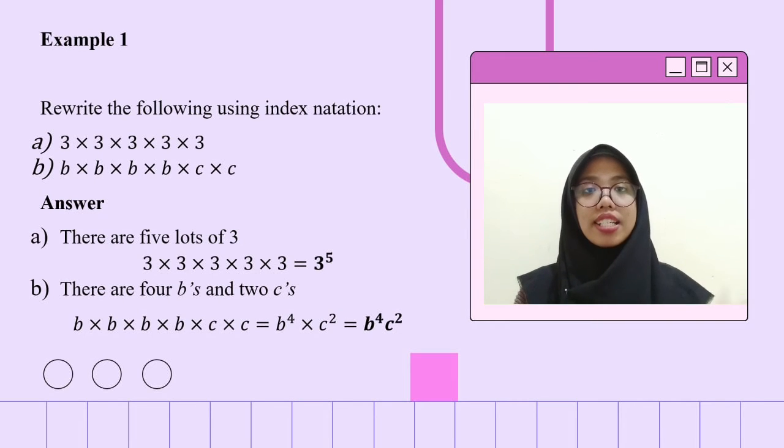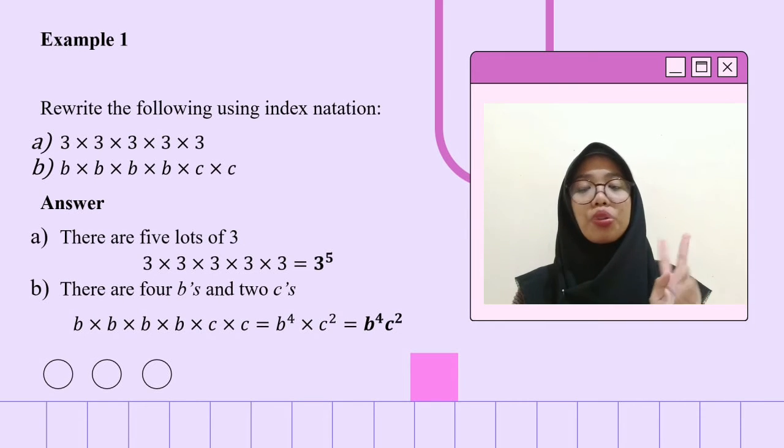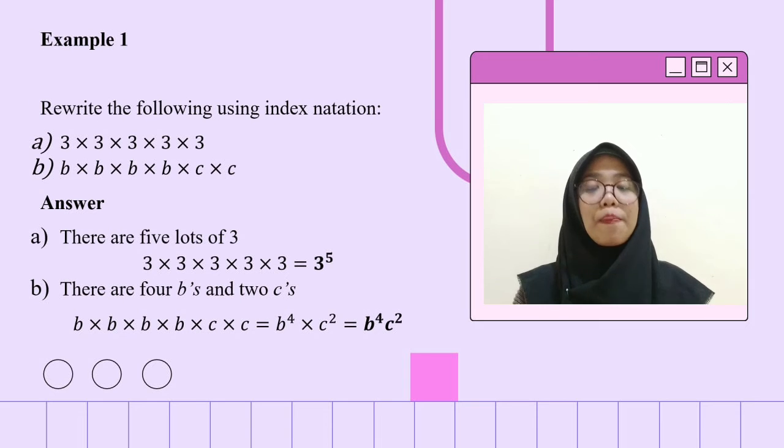B. There are 4 B and 2 C. So B times B times B times B times C times C equals B to the power of 4 times C square, equals B to the power of 4 C square.